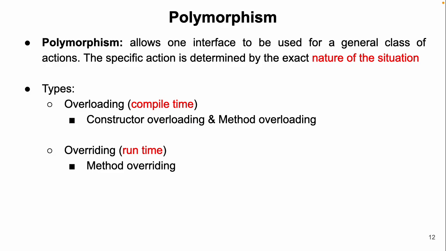Inside overloading we have two types: one is constructor overloading and the other is method overloading. From the definition of the term polymorphism and the terms constructor and method, we can easily identify what we are going to do.